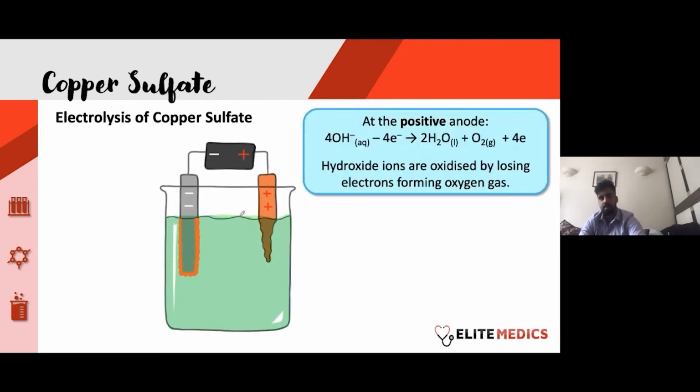Okay, so this is the interesting thing now. I said we'll come back to this electrolysis of copper sulfate, because if we understand what ions are at play here, we have a Cu2+, we have the SO4 2-. Because it's a copper sulfate solution, we're also going to have OH- ions and H+ ions, okay?